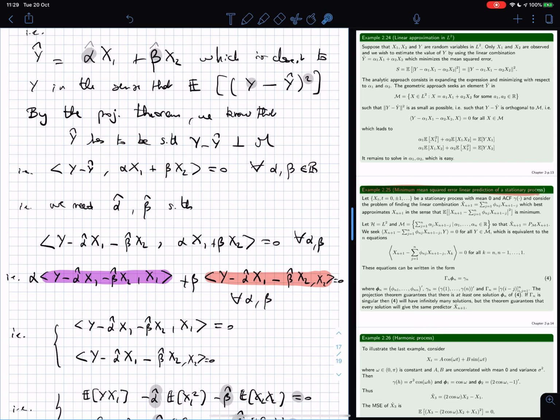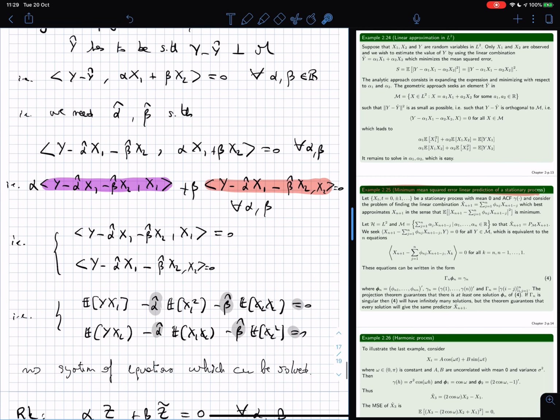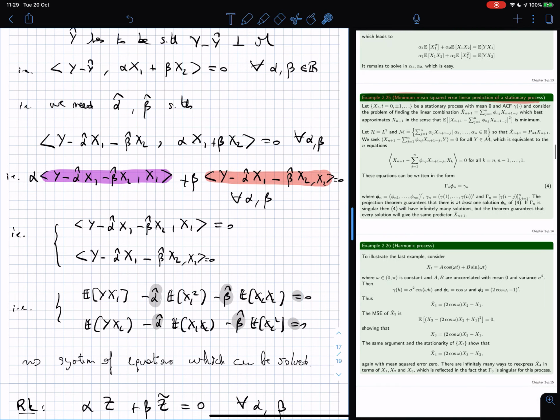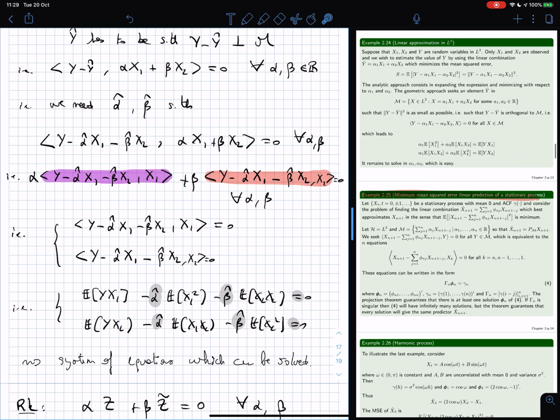Well, if this plus this is equal to 0 for all alpha and beta, it's also equal to 0 if alpha is equal to 1 and beta is equal to 0. Therefore, this guy in purple has to be 0, and this guy in red has to be 0 as well. So this gives us a system of two equations and two unknowns, which we can then solve to find our alpha hat and beta hat. So we have just done some regression again onto linear combinations. Okay, I'll stop here.